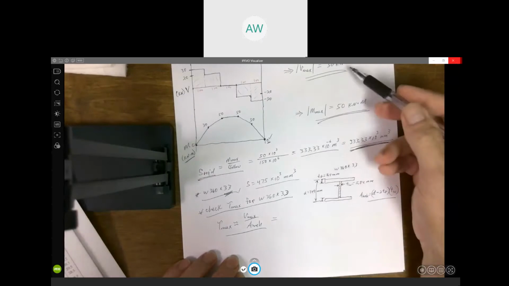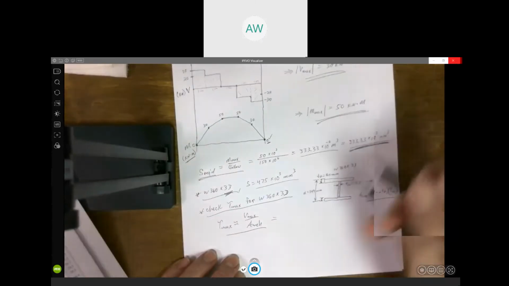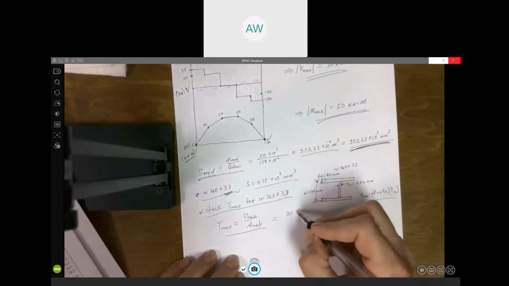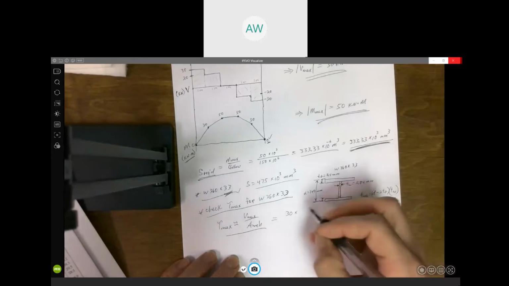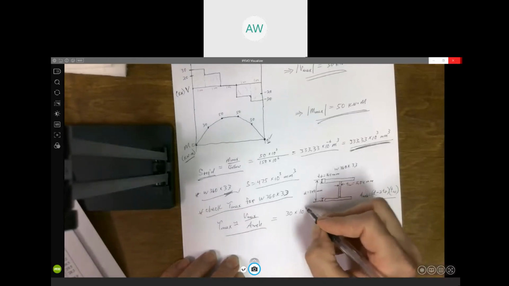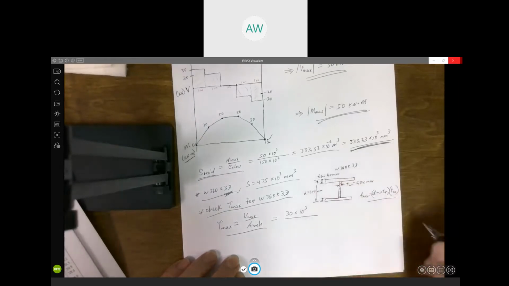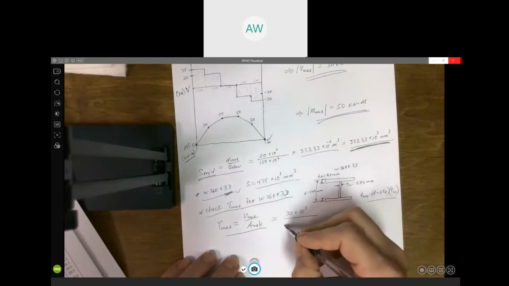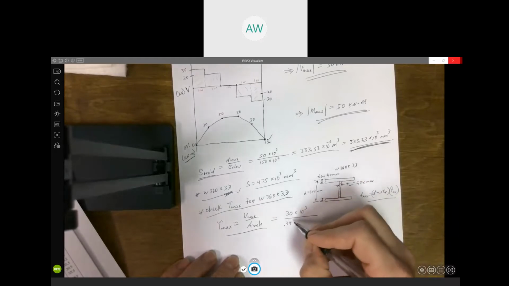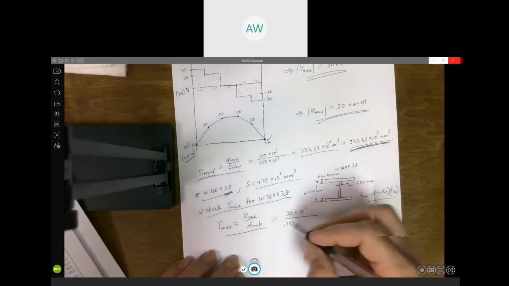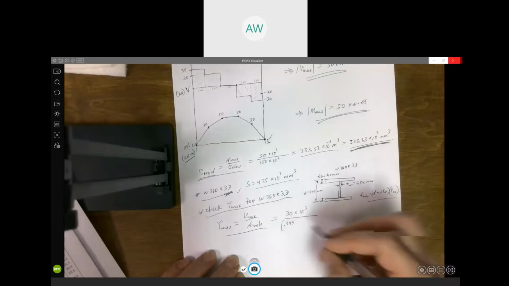So V max was 30 kilonewtons. I'm going to put everything in newtons and meters, so that'd be 30,000 newtons. So the depth was 0.349. These are meters. I'm converting into meters.